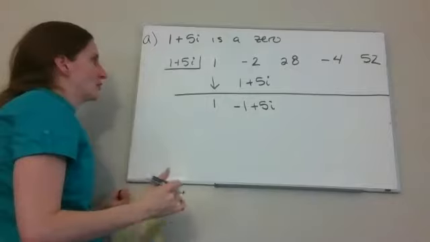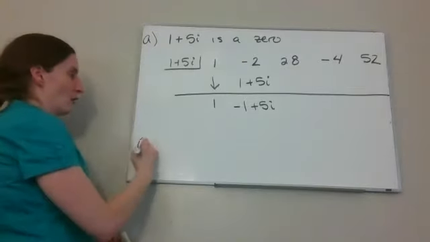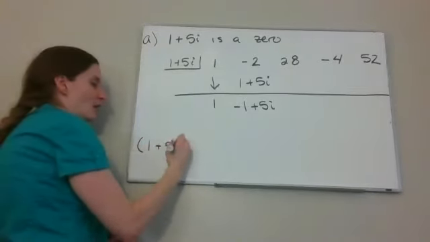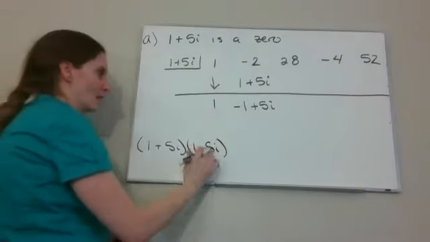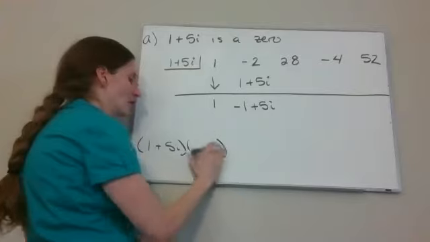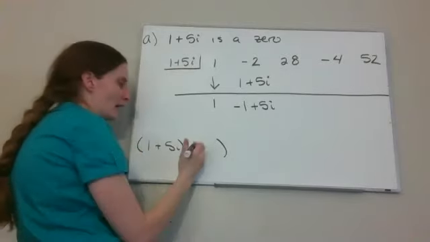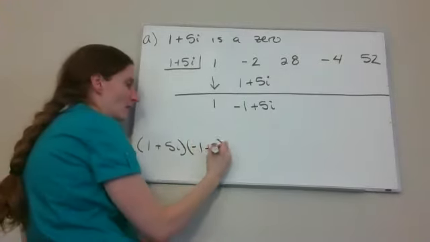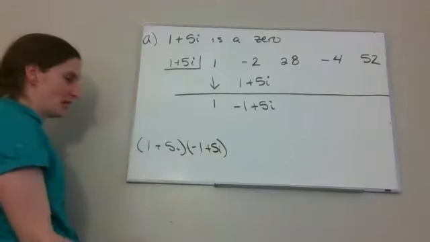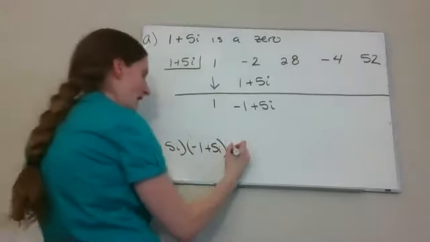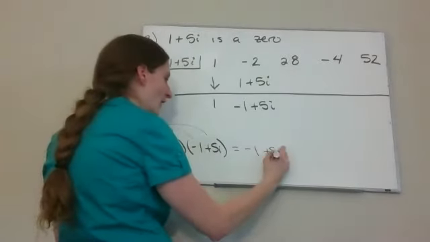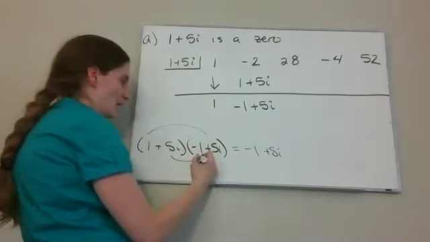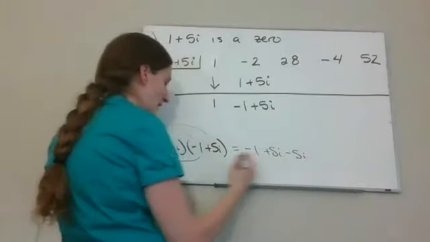Now, if I multiply those guys out, well, what would we get? 1 plus 5i times negative 1 plus 5i. Sorry, I wrote that down wrong. Let's see what we get. 1 times negative 1 is negative 1. I have plus 5i. I have minus 5i.